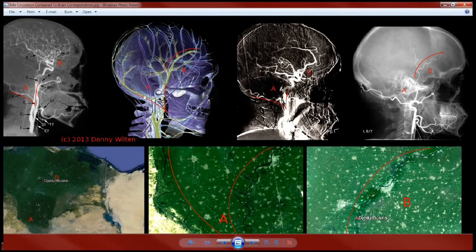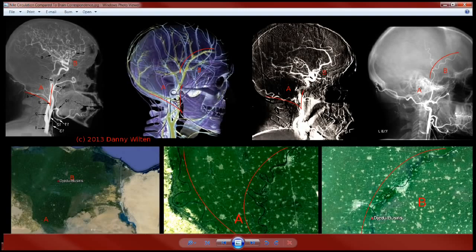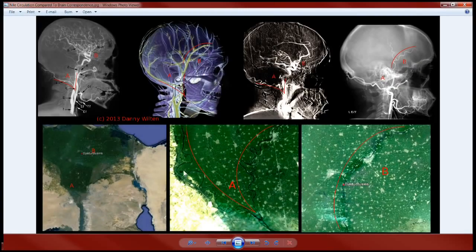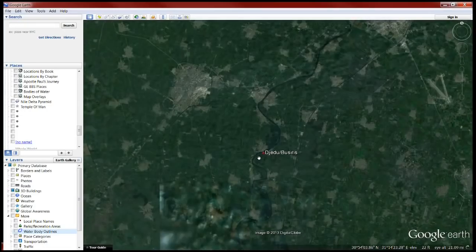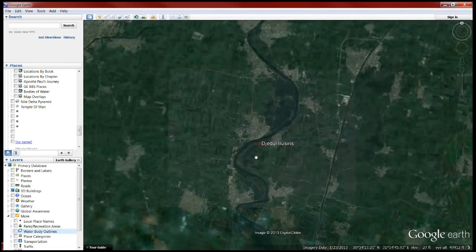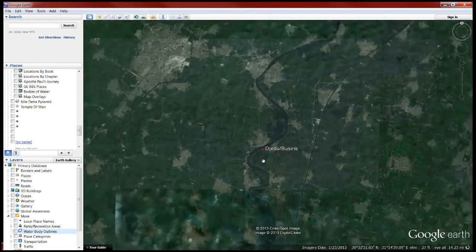So these 2 main arteries that you see right here in the brain, these are repeated, and they turn out to be the same 2 main waterways that we see in the Nile Delta, splitting in the same area and continuing to travel around. So now we need to find out a little bit more about this area.